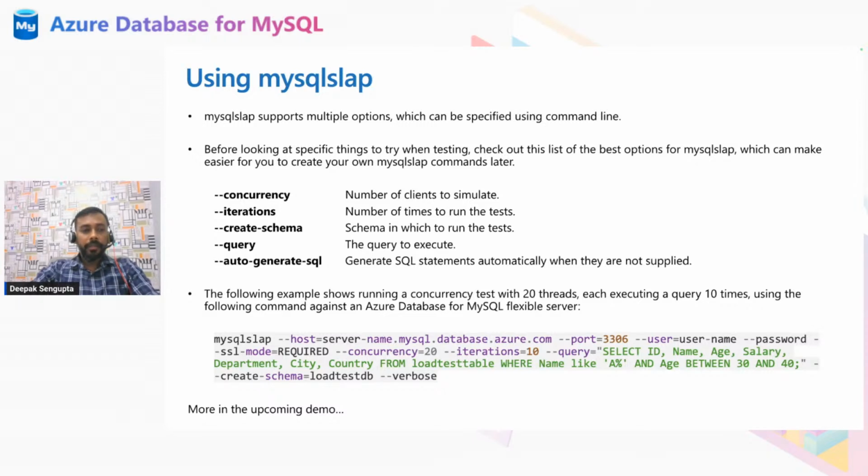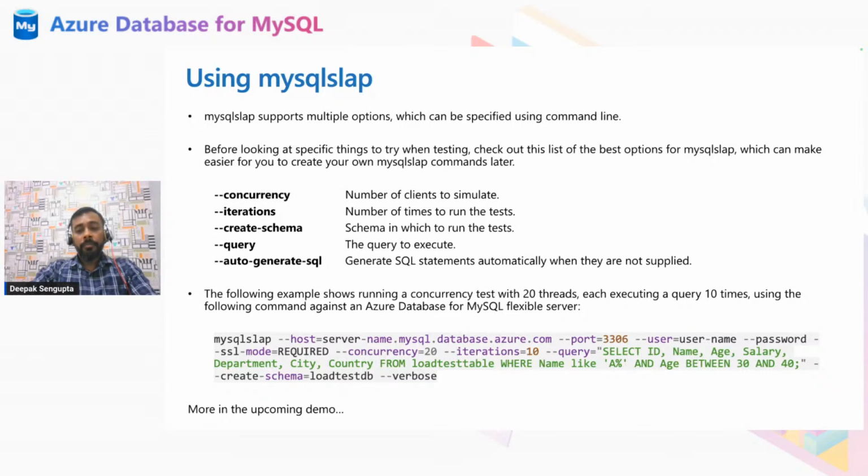Okay. Now, let me quickly explain a basic example of the command that you're seeing on your screen. As part of this command, we are calling mysqlslap and specifying a server name, username, port number, and password.